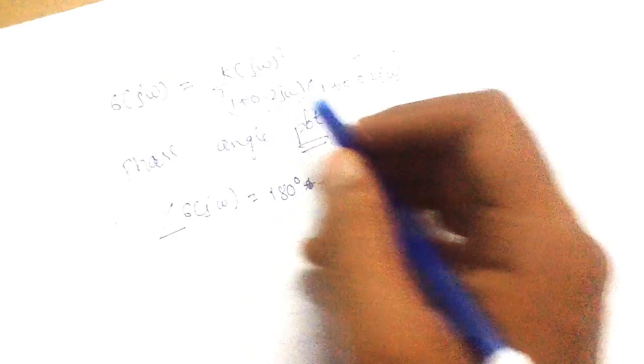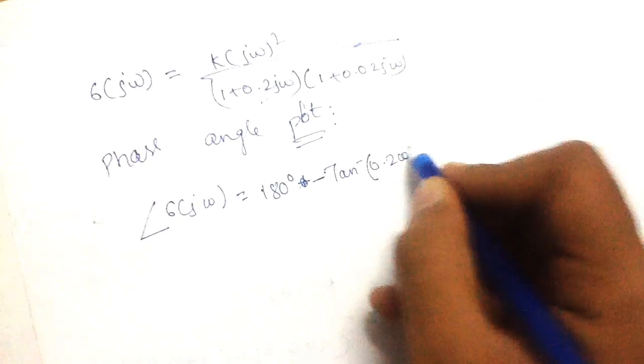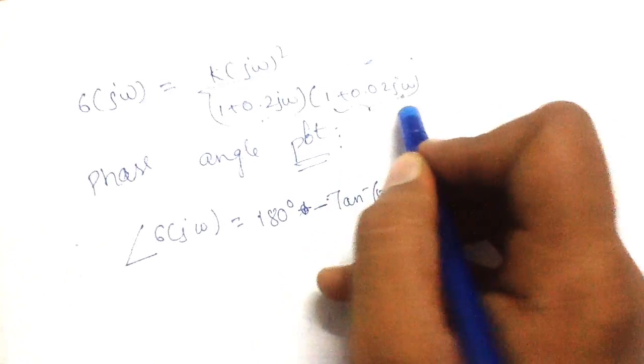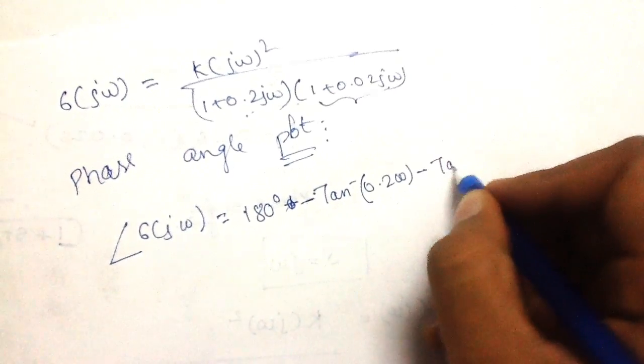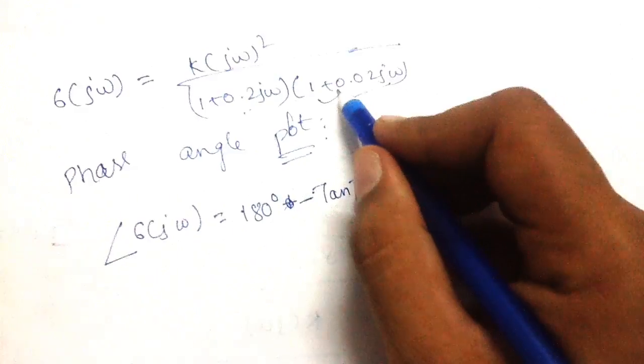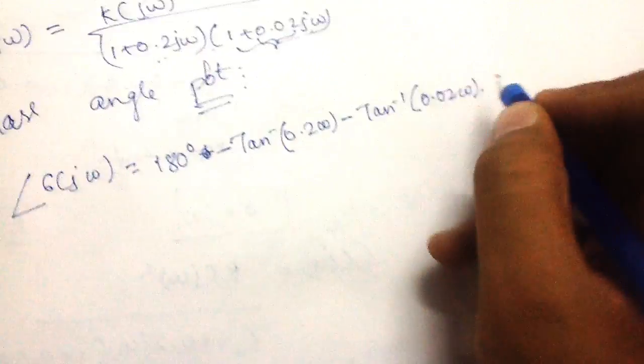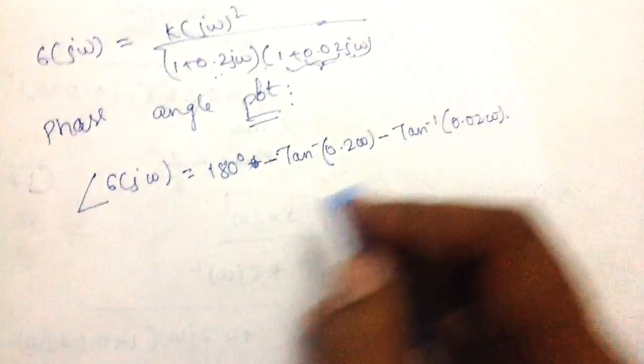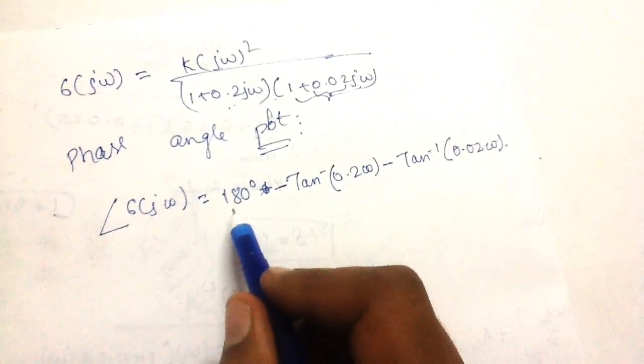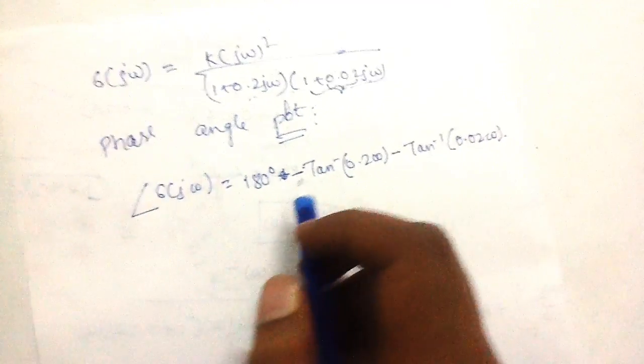It's 0.2. So you're going to write it as 0.2 omega. Again, this is in the denominator. So you're going to write minus tan inverse of, what is the coefficient? It's 0.02, 0.02 omega. This is your formula for finding out the phase angle plot.